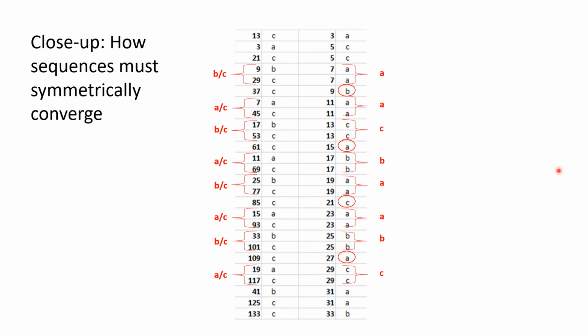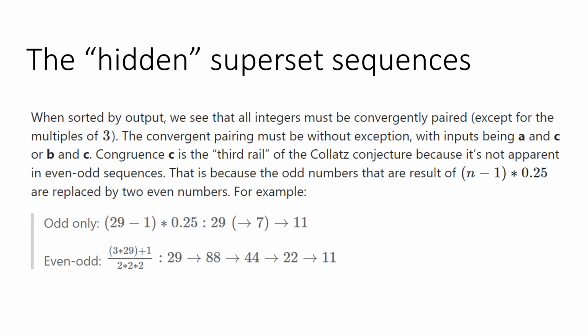What I'm going to go into is why convergence using the operation C, or case C, is not apparent when using even-odd sequences. So that's what I'm going to get into in the next slide.